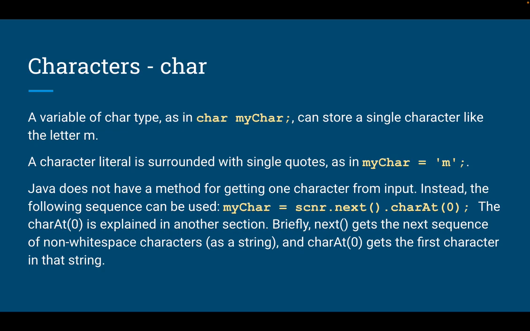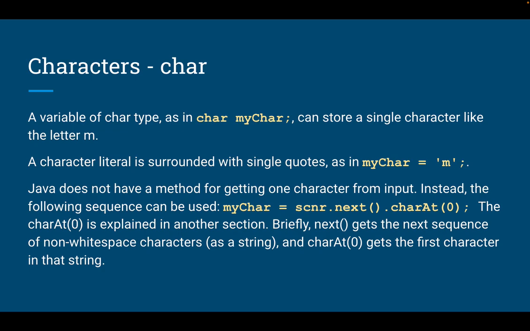So in a string, the first character is always at position 0. The second character is at position 1. The third character is at position 2, okay, and so forth. That could be confusing, but just keep that in your mind. So here, if I want the first character from a scanner, and I say next dot character at position 0, that's going to give me that very first character.